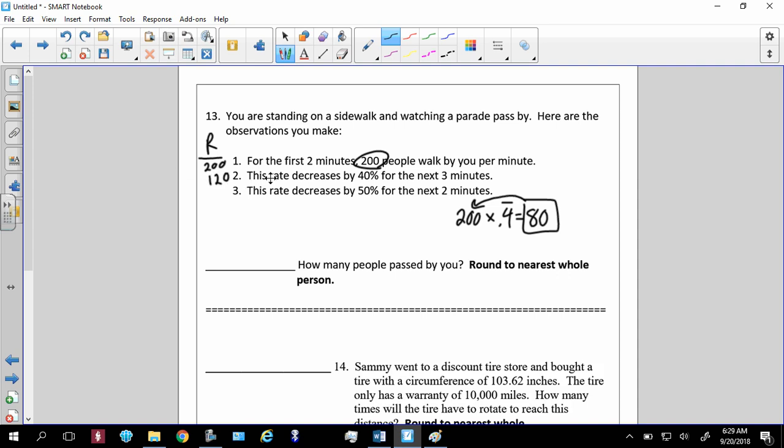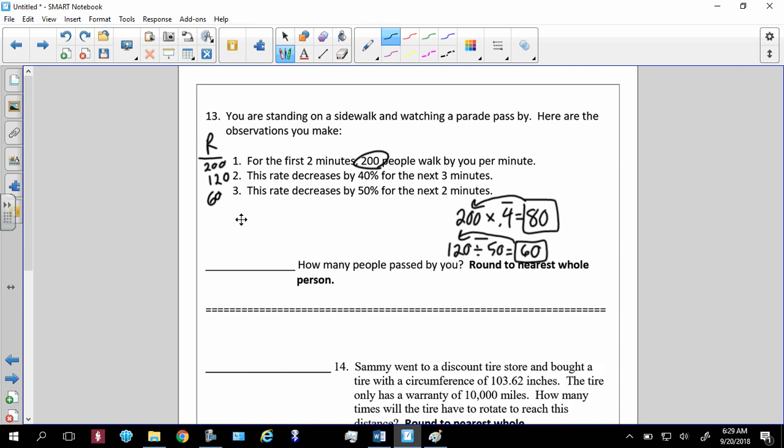That gives 120. This rate for step 3 decreases by 50%. So now it's the 120. 120 times 0.5 gives me 60. Take that, subtract it from 120. That gives me 60. Some of you guys are still asking me, do I do this?